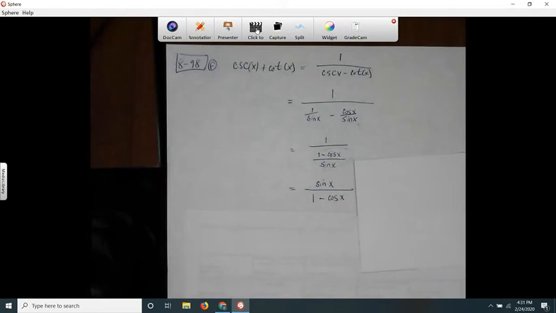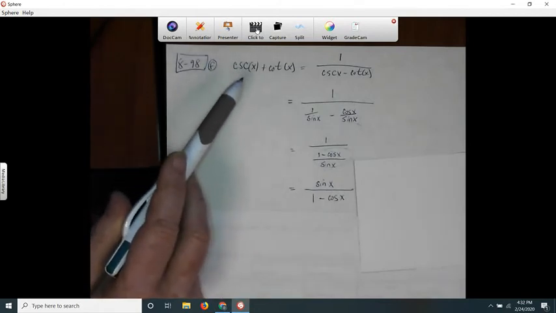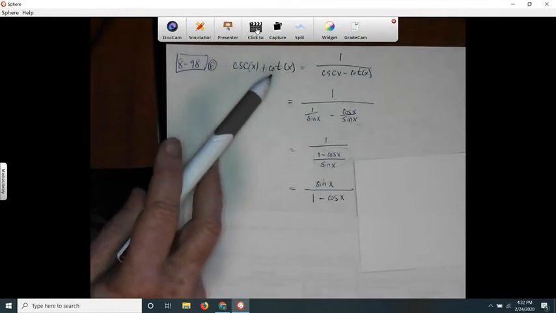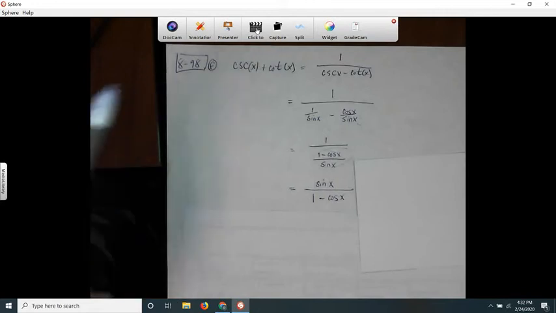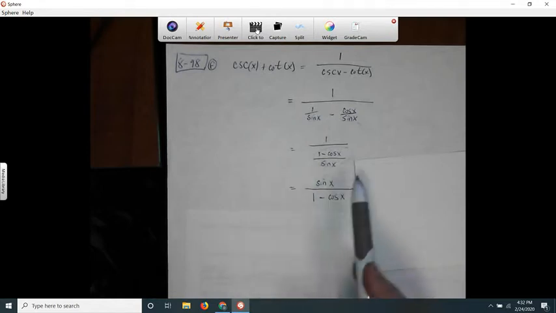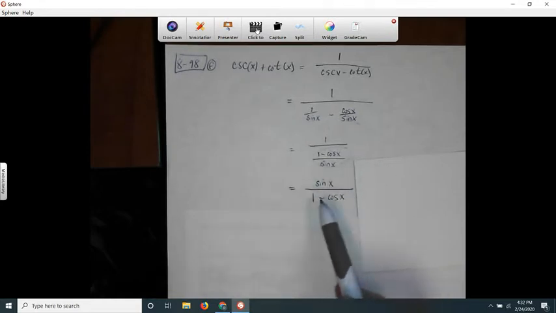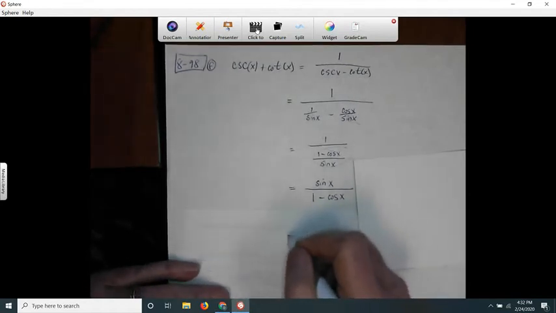because I know that I'm trying to get to cosecant, which is 1 over sine, and cotangent, which is cosine over sine. So I knew I couldn't have this down here. And then I wished that I could square both sides or something. I wanted this to become that beautiful one, that I call the beautiful one.